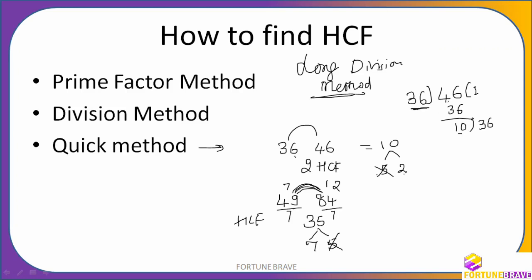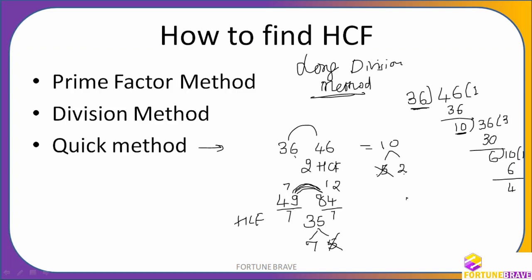The smaller one will be dividing the bigger one, and this divisor I will divide by the remainder. So 10 threes are 30. What is the remainder now? 6. Is it clear? So again I'll take the divisor of the previous one, 10, and divide it by 6. 6 ones are 6. So what will remain? 4.